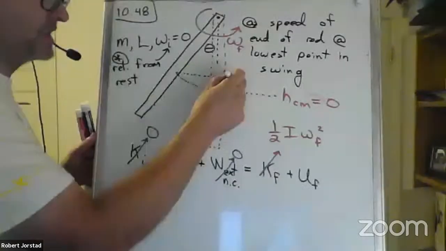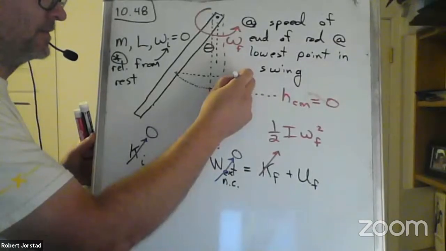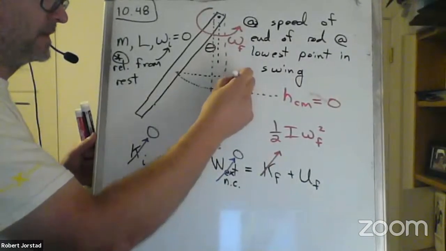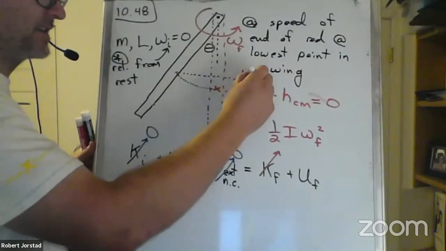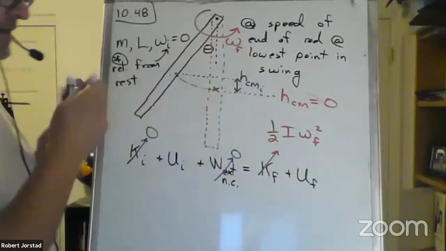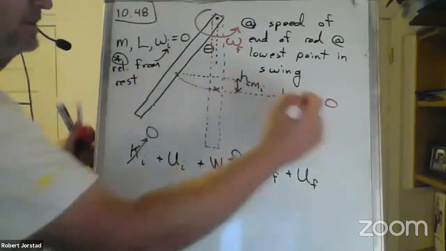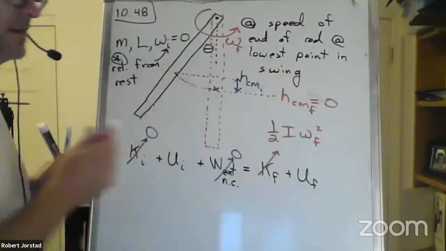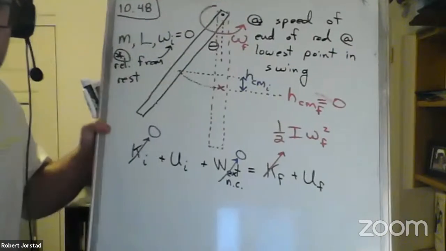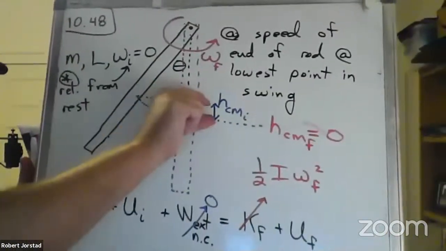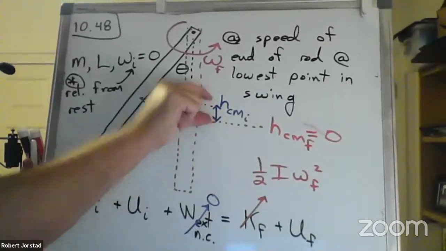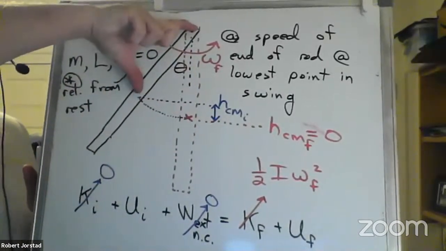Yeah. So notice that this distance right here is going to be height, center of mass initial. I'm going to call this other one height, center of mass final, okay? So we need to figure out that little height. Well, what's this length right here?